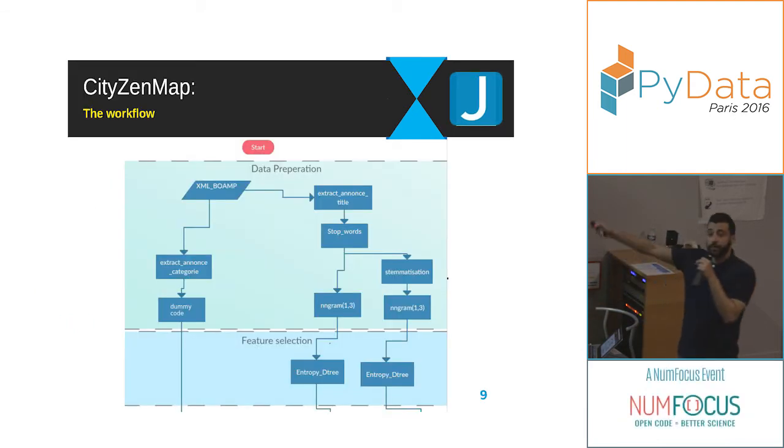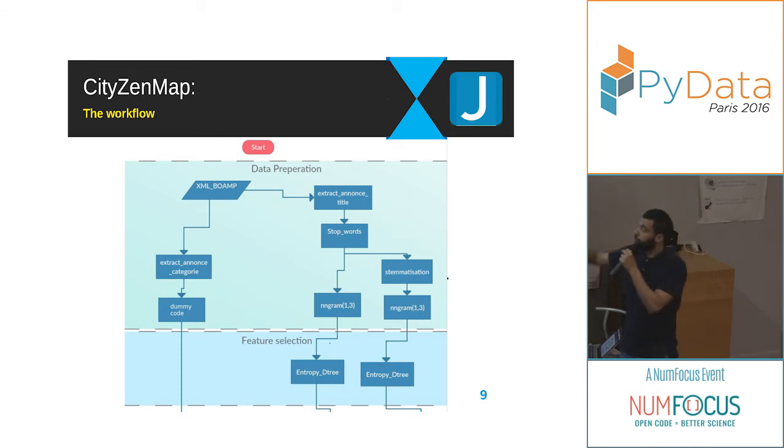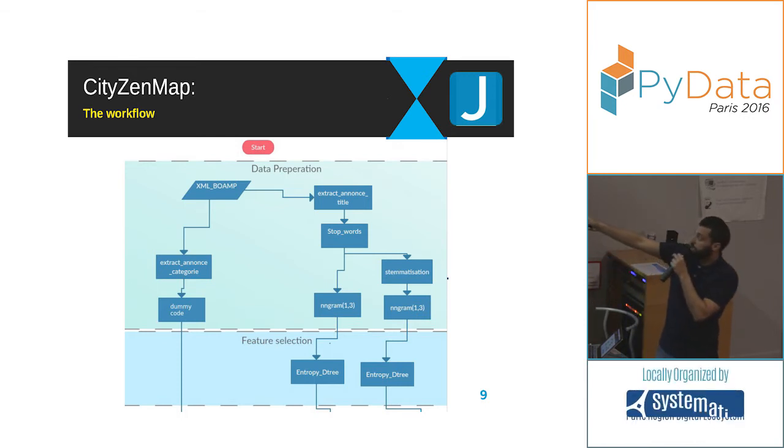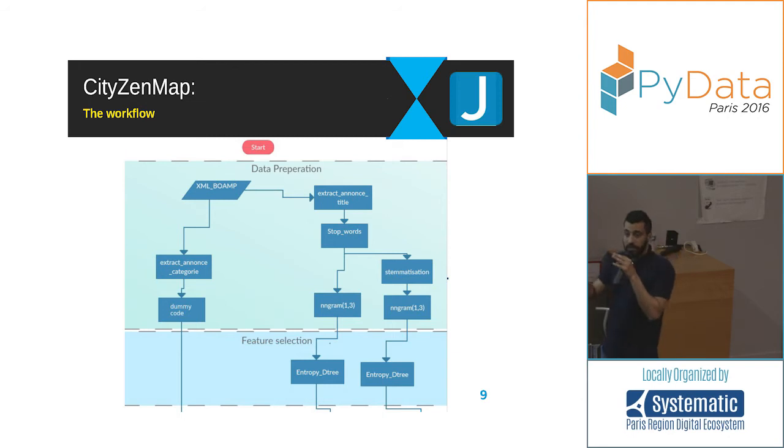This is the workflow that we used to design the initial model of Citizen Map. We can see that we extract the announcements, we remove the stop words, and we do stemming. We have two data sets: a data set based on the form of the words, and the second one based on the stems.